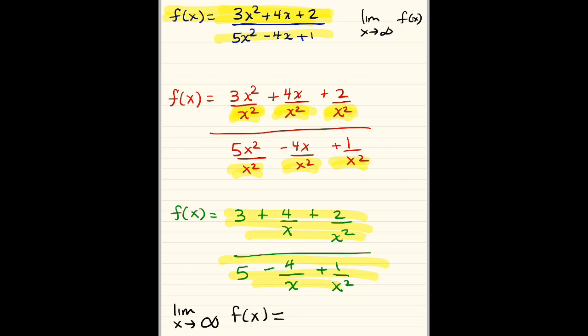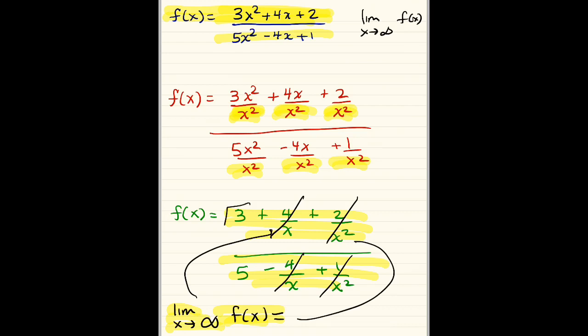That's great. What is the limit as x approaches infinity of f of x? Well, if you remember from the first page of this, anytime you have an x in the denominator and you're looking at the limit as x approaches infinity, those are 0. So boom, boom, boom, boom. Those all go off to 0.